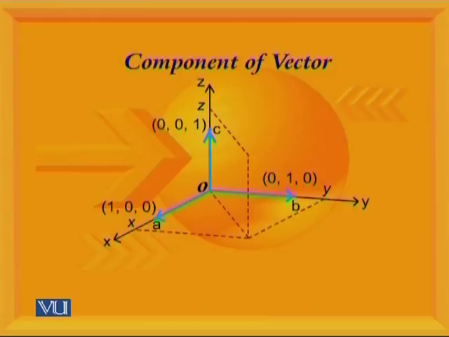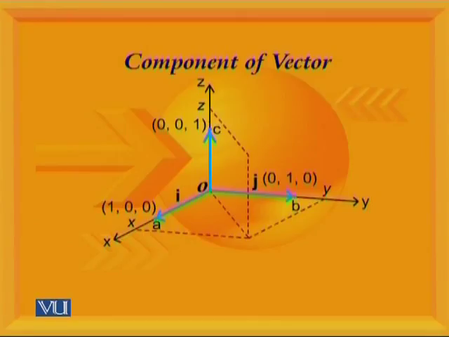Their directions are along the x-axis, y-axis and z-axis respectively. So these are the unit vectors along these axes. We denote them by i, j and k respectively.